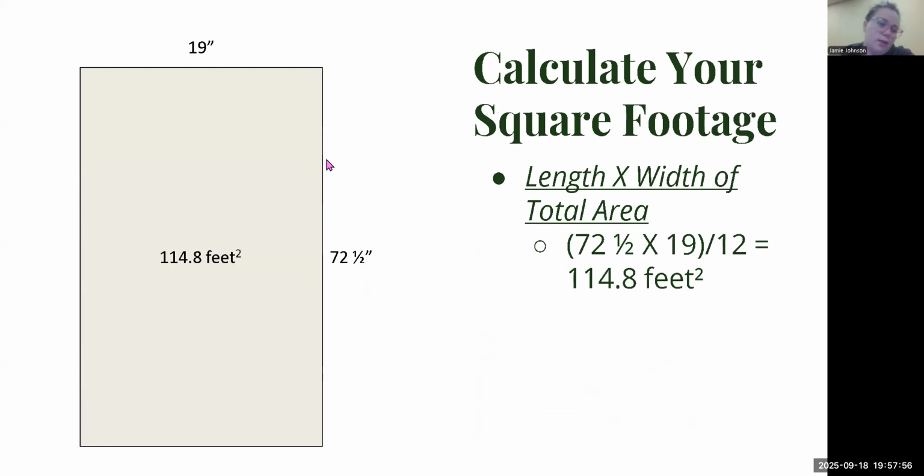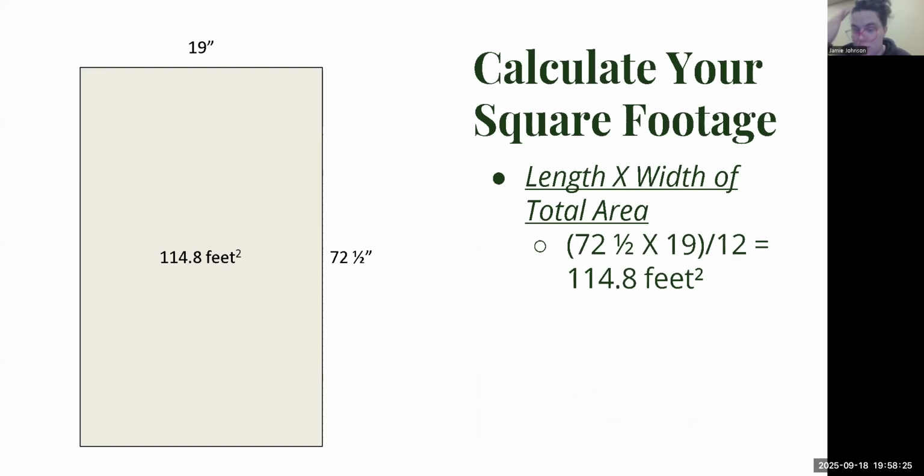In this example, we're using a 19-inch wide bed and a 72.5-inch long bed, as demonstrated by the square. Using length times width, you would multiply 72.5 by 19, which gives you inches.